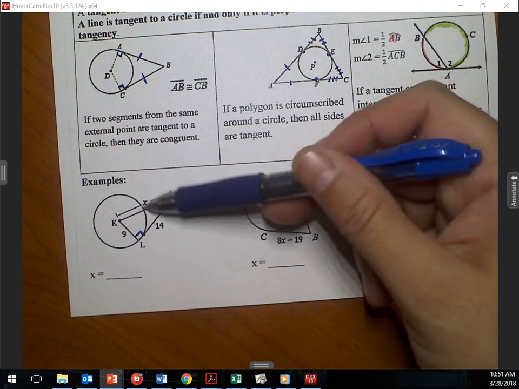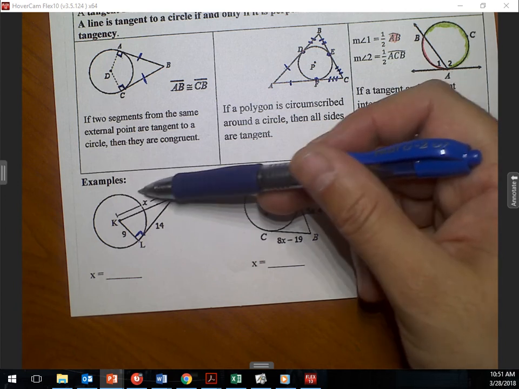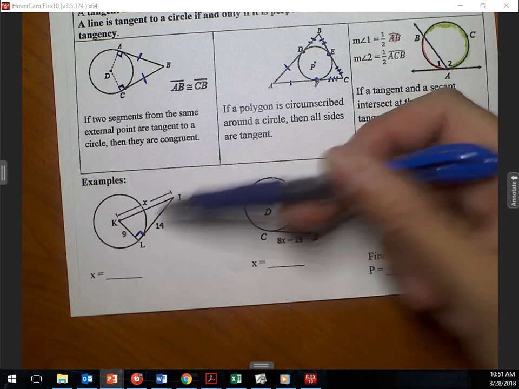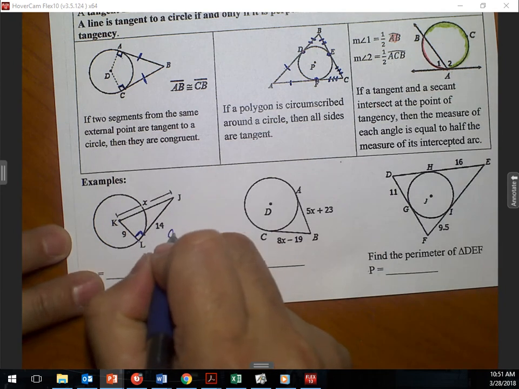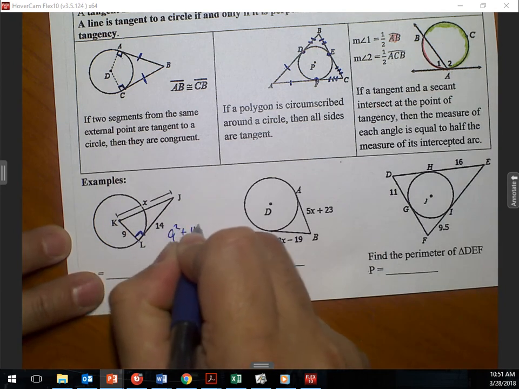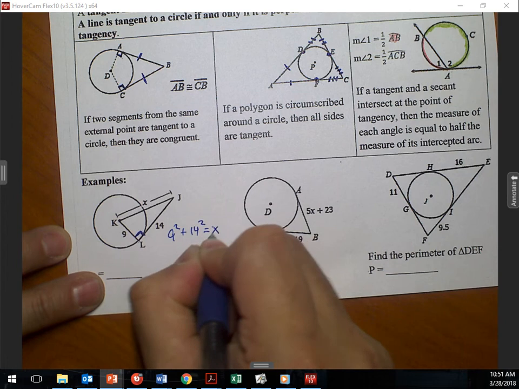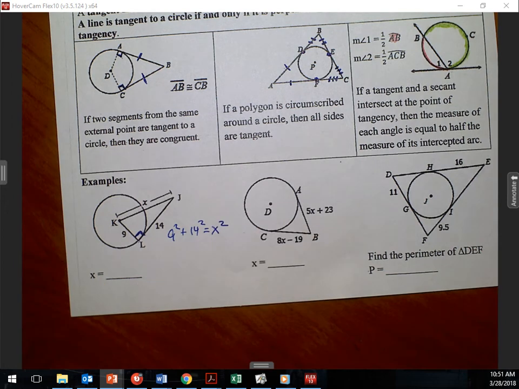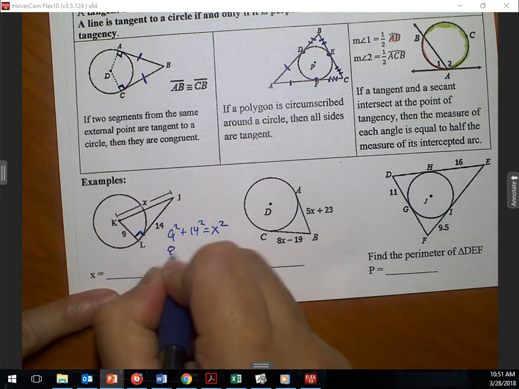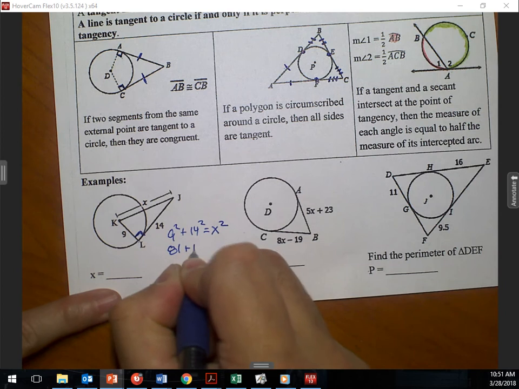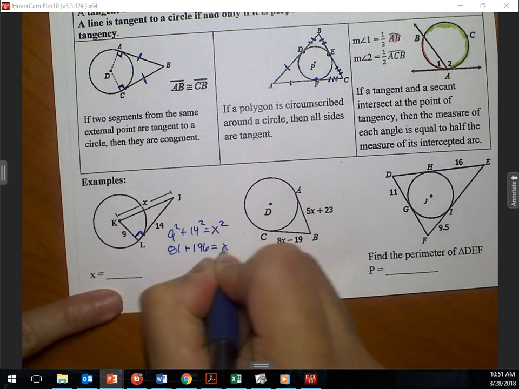Now, in the Pythagorean theorem, this side over here is my hypotenuse. So that's always the C value, right? So let's set this up. It would be 9 squared plus 14 squared equals x squared. So this is like 81 plus 196 equals x squared.